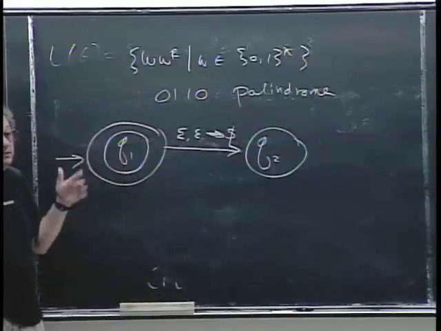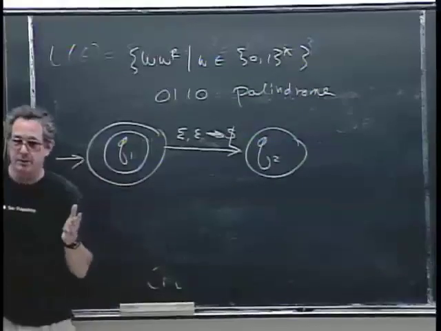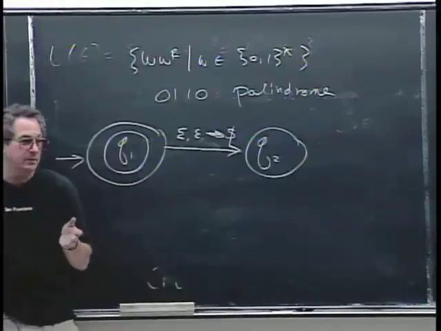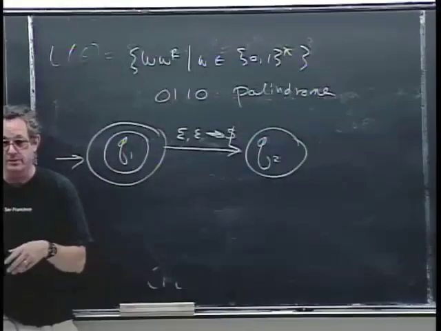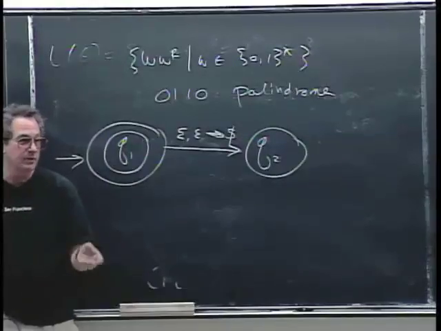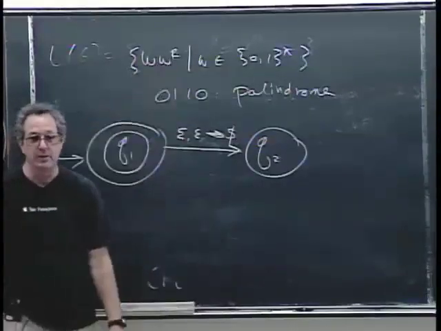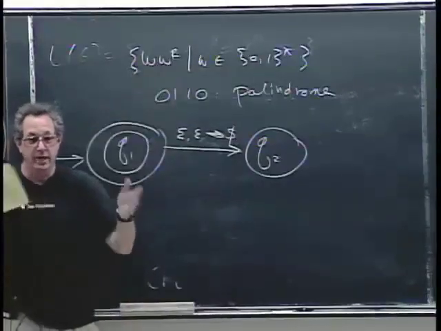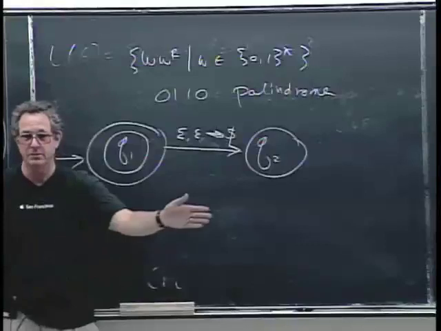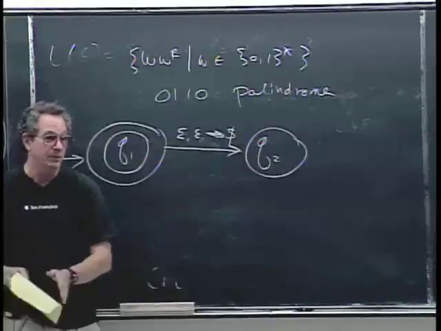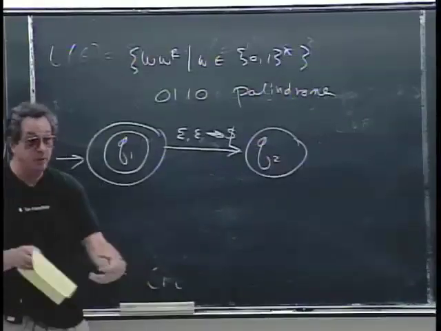We can always guess. Another way that people talk about non-determinism is that the machine guesses the right next thing to do, or when to move from looking at the W to the W reverse. But in fact, when we say guess, what we really mean is you do all the possibilities in parallel by spawning off new machines.